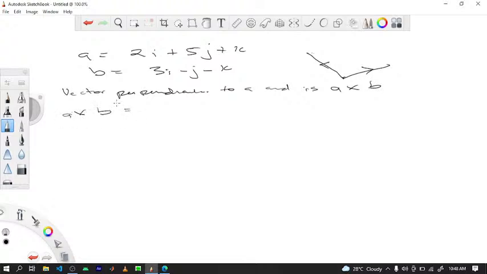Let me quickly do that with a calculator so that it doesn't waste our time. Okay, so we have 3 minus 1 minus 1, and then we have to save that.